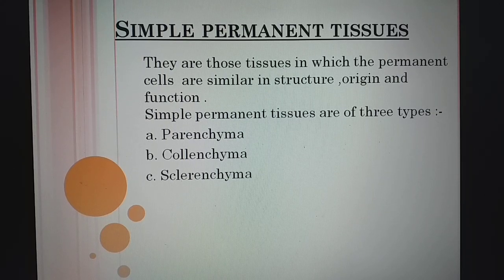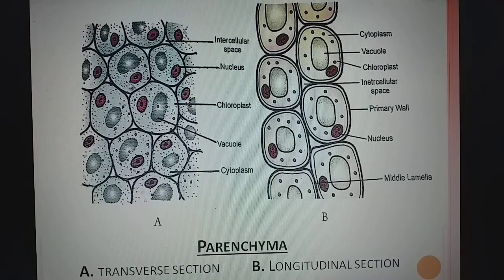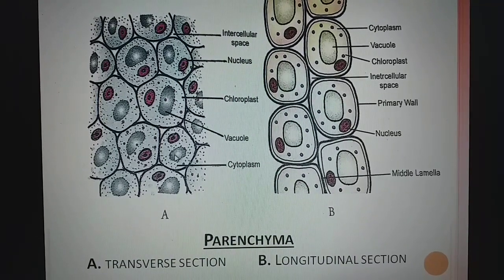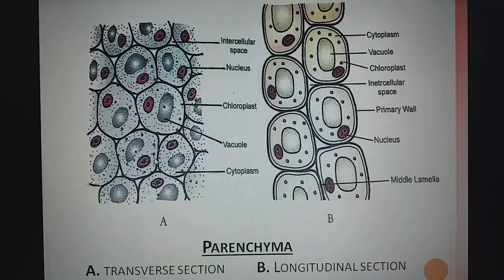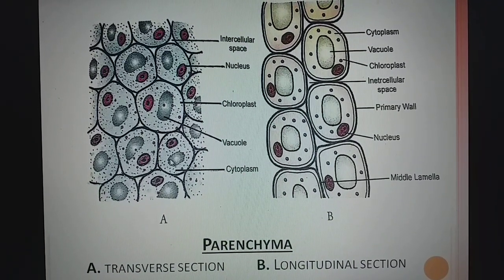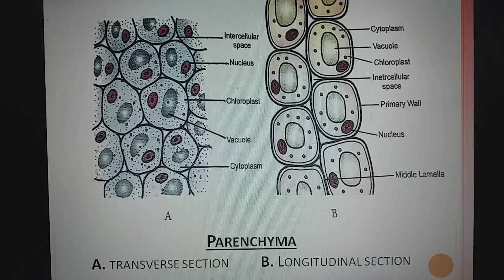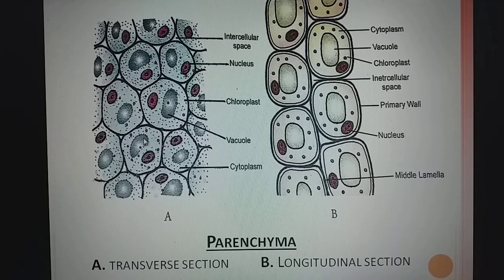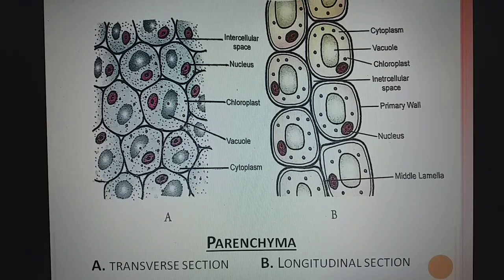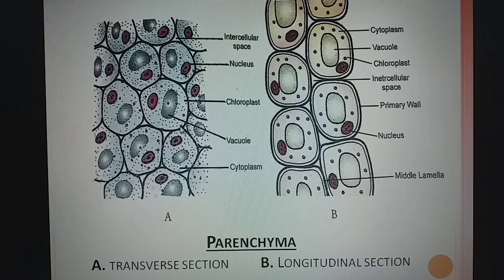But before that let's see the diagram of the parenchyma. So these are the characteristic features by which we can recognize the parenchyma cell. There are a few characteristics that will help us to identify the parenchyma cell. The first characteristic is that the parenchyma cells are more or less the same in structure, or we can say more or less the same in diameter.